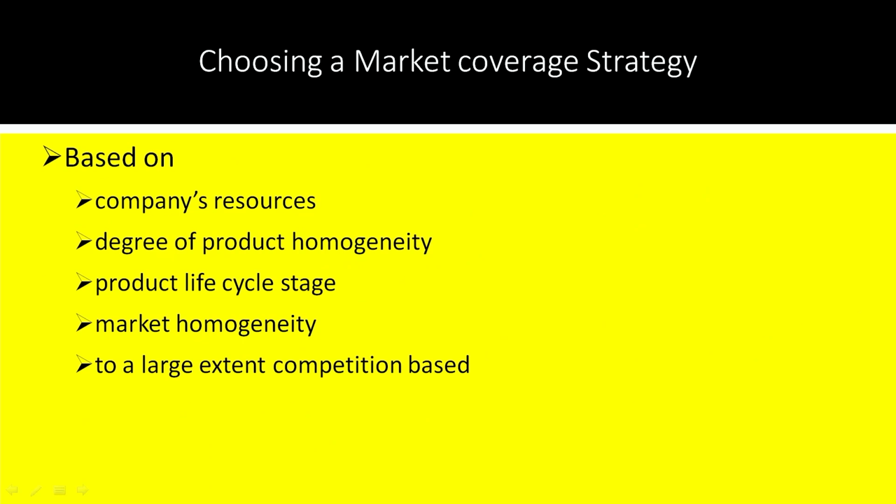Now, after selecting a market and targeting the market, the next step a company takes is choosing a market coverage strategy, meaning how the company is planning to serve that particular market. Now, the company decides a market coverage strategy on the basis of the resources available to it.